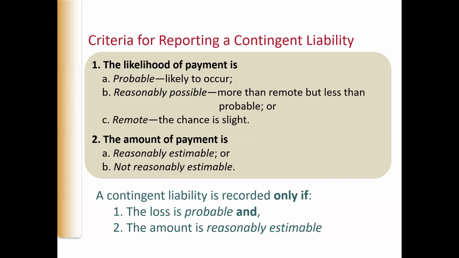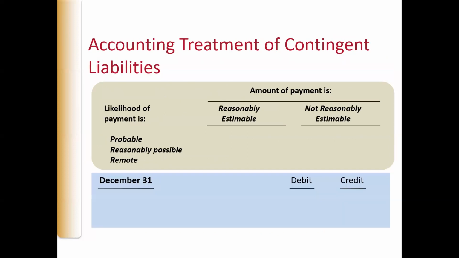If it's possible and we can reasonably estimate it, we'll just put a note in the financial statements about it, but we don't do anything else. If it's remote, we ignore it. Everything's remote. We could have an earthquake in Minnesota today. That's a remote chance. We don't do a thing with anything remote. So remember, if it's probable and we can reasonably estimate it, we're going to record it in the books.